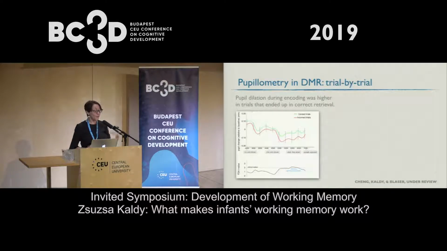And even more interestingly, in my opinion, we found a slightly weaker effect on a trial-by-trial basis as well. So if you pool all the trials together, not just individual babies are different in this, but at any given moment, if a baby is in a higher effort state, they're more likely to do well in this task.